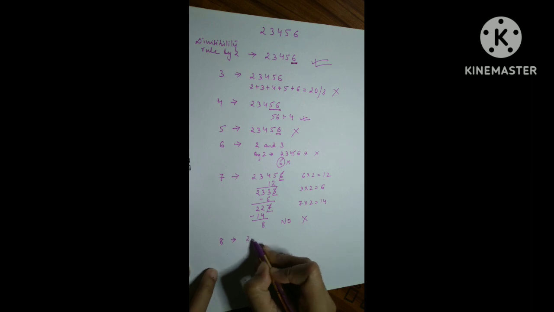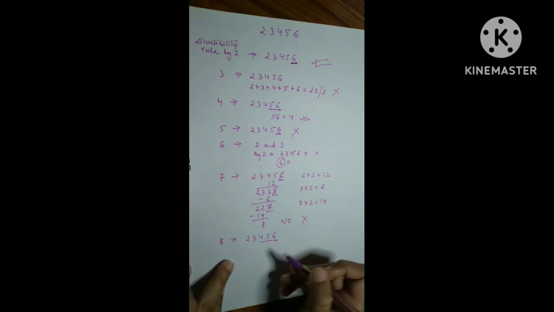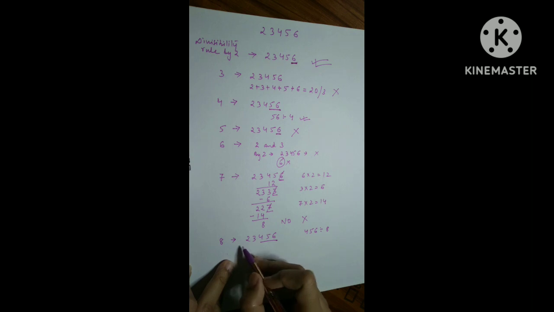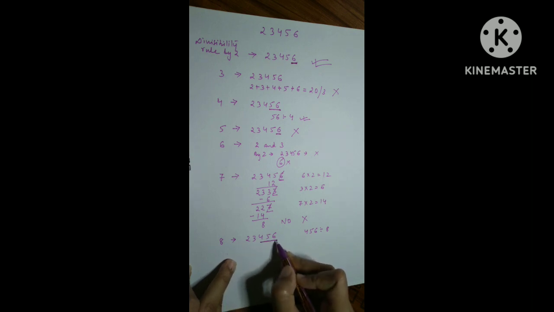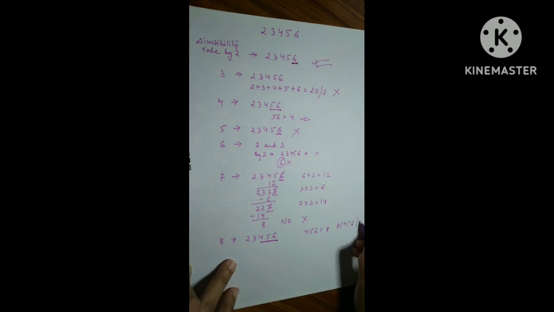8 says last 3 digits should be divided by 8. Divisibility of 8 says last 3 numbers should be divided by 8. So let's divide it. Yes, it is getting divided by 8.